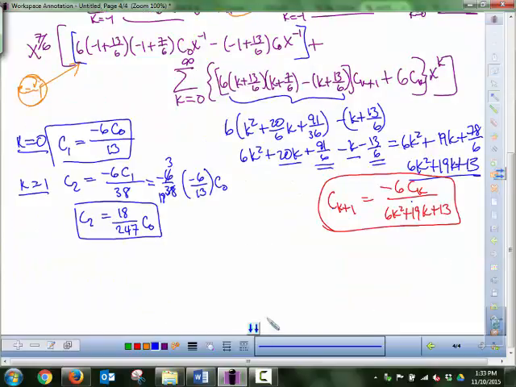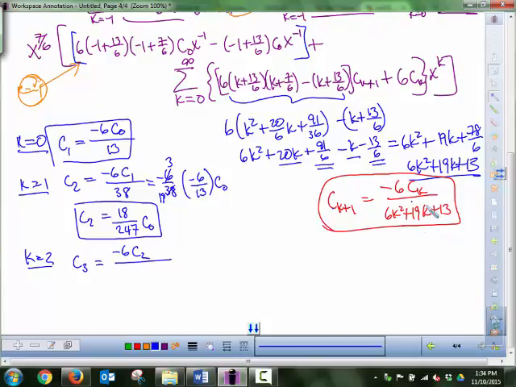Do one more. Oh, goodness. k is equal to 2. So 2 in here, we got c sub 2 plus 1 is 3 is equal to negative 6 c sub 2 divided by, 24 plus 38 plus 13.